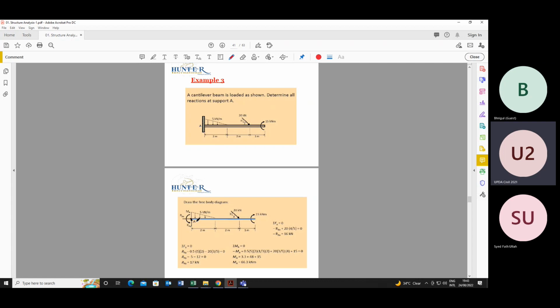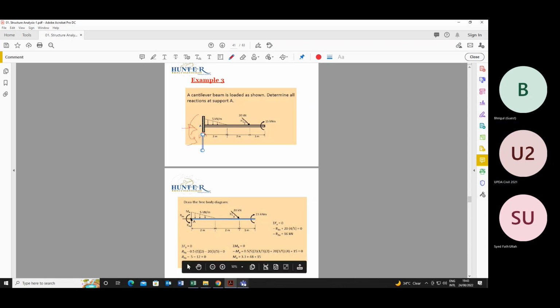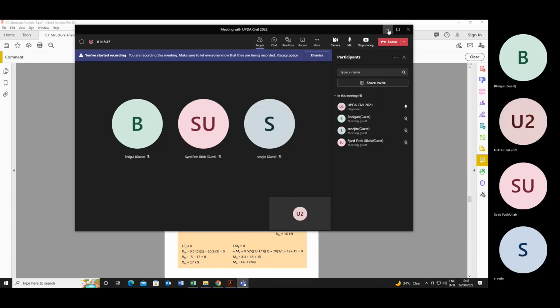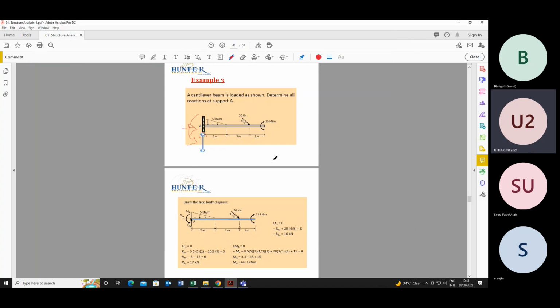If there is a fixed support, there will be reaction in X direction, Y direction, and there will always be a moment as well. And this is simply a cantilever, so there is no support on this end.